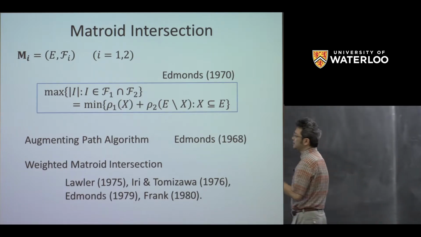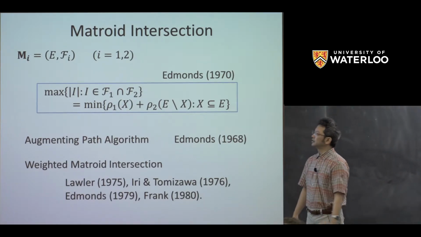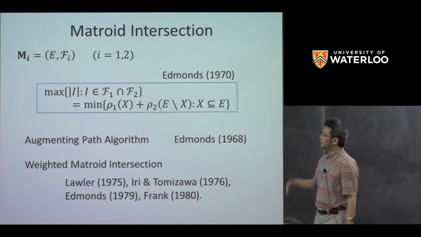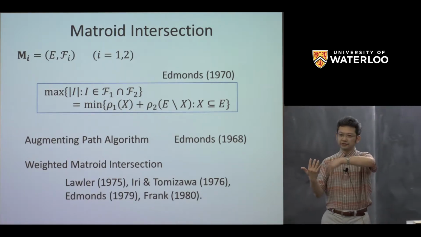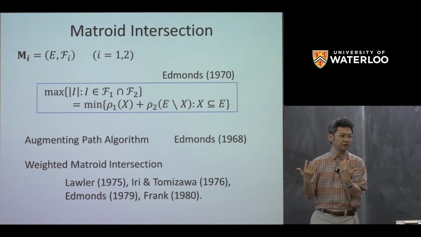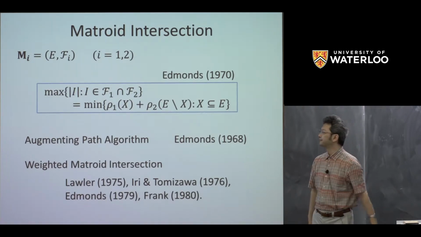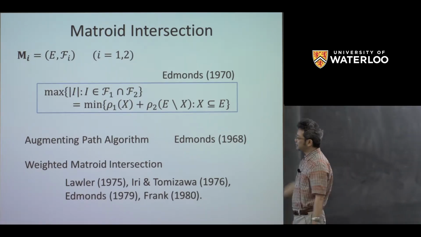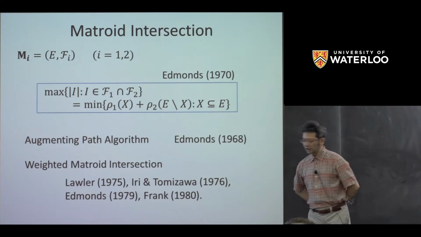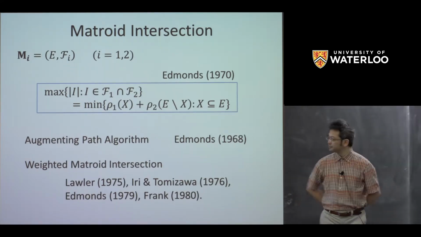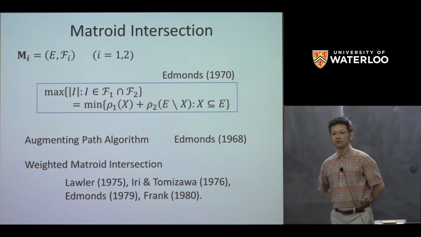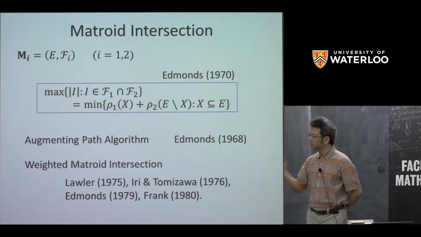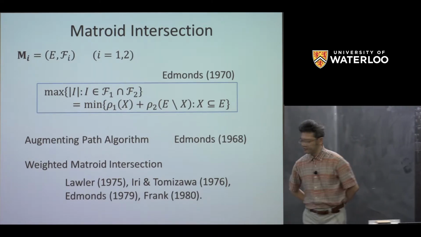And the maximum size is, in fact, characterized by the minimum of the rank of one matroid on one side plus the rank of the other matroid on the complement. And again, for this problem, the augmenting path algorithm was developed by Jack Edmonds, and the weighted matroid intersection was solved by a sequence of papers in the 70s, okay.